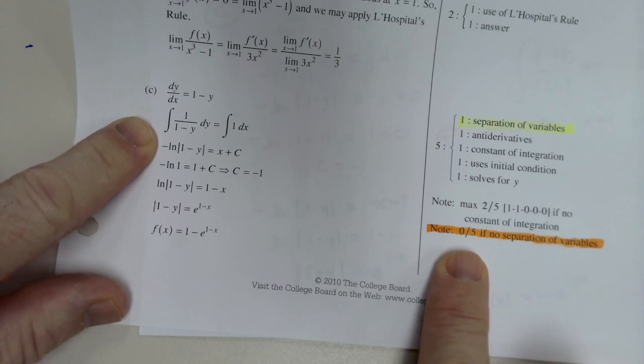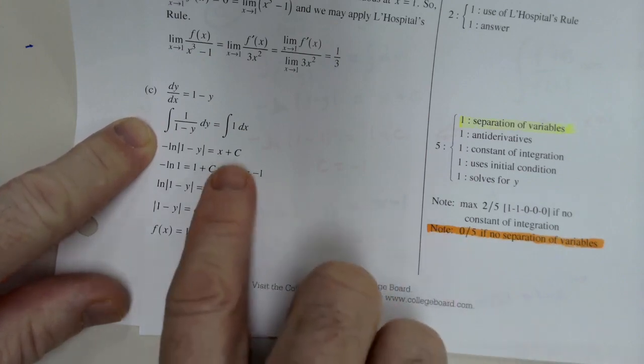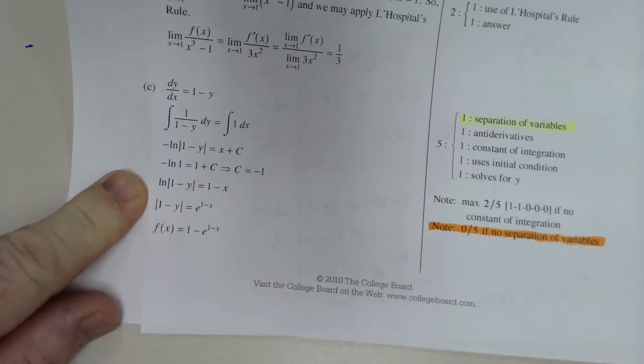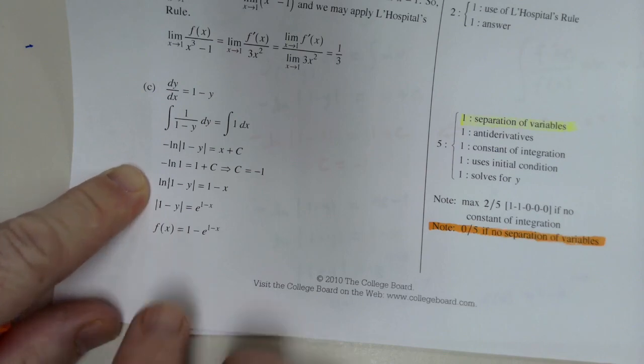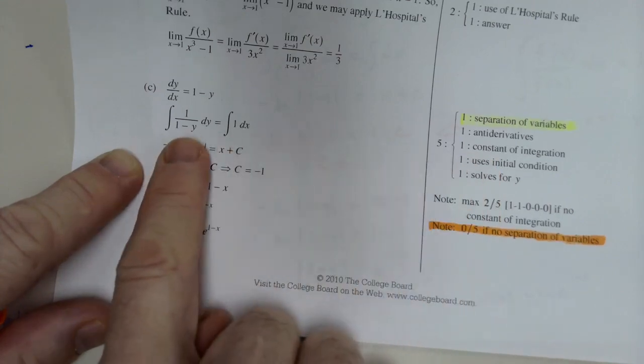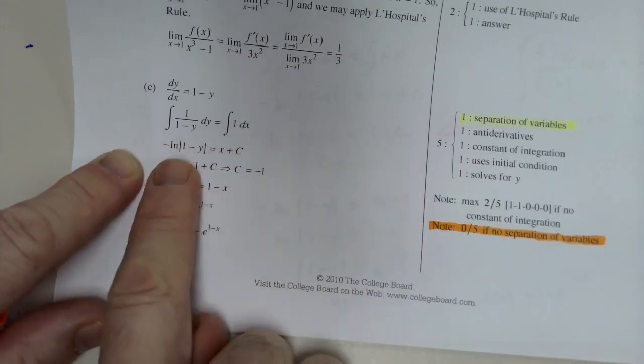Okay? Next, some of you are forgetting these. You're saying, hey, I can put the plus C in any time I want. Okay? And you'll see, once you get to here, antiderivatives, boom, boom, those are shown there.